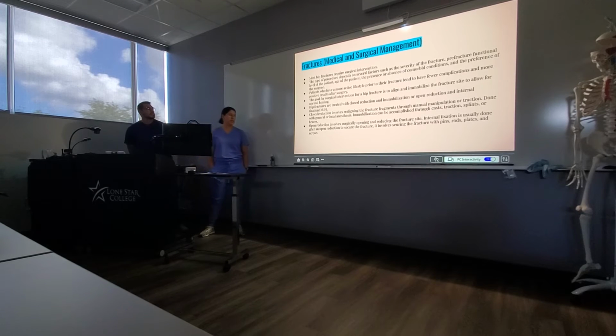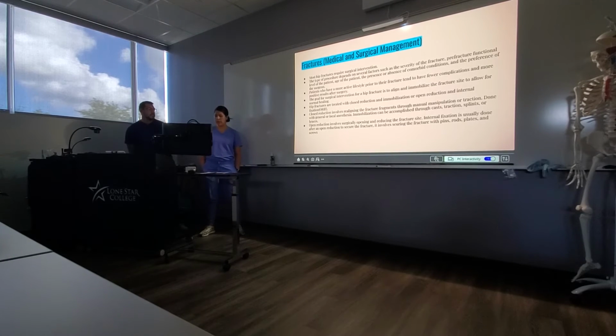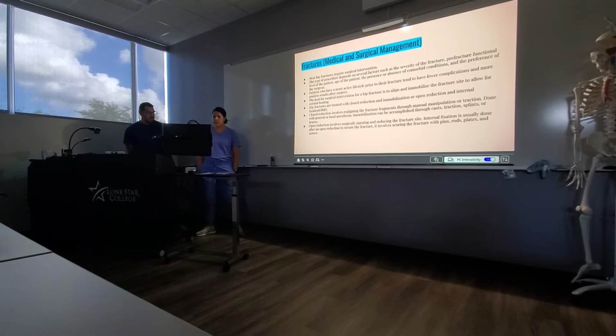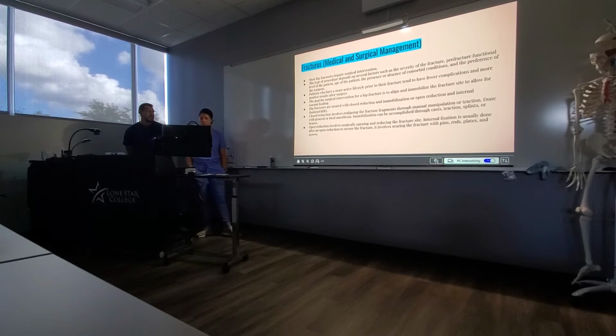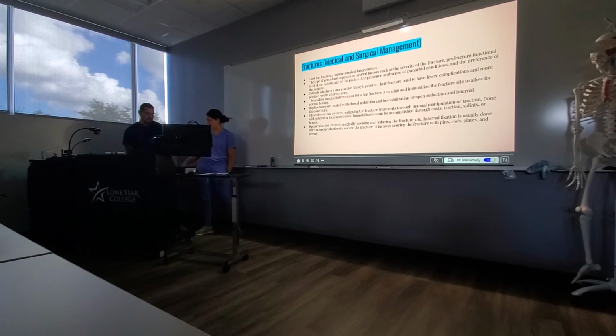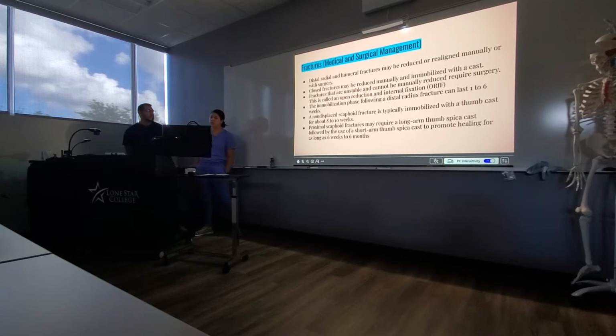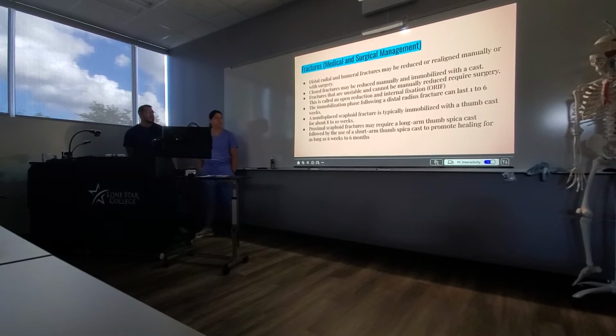For open reduction, it involves opening and reducing the fracture site. Internal fixation is usually done after the open reduction, and it involves securing the fracture with pins, rods, plates, and screws. We also have distal radial and humeral fractures, which may be reduced or realigned manually or with surgery.